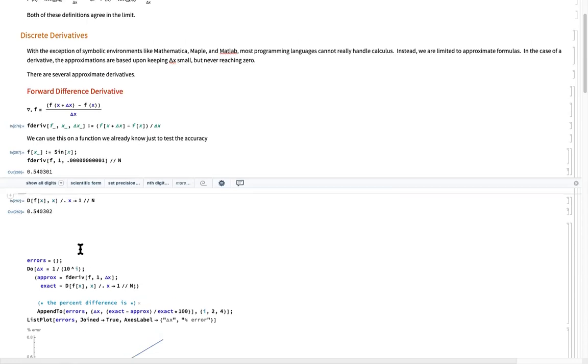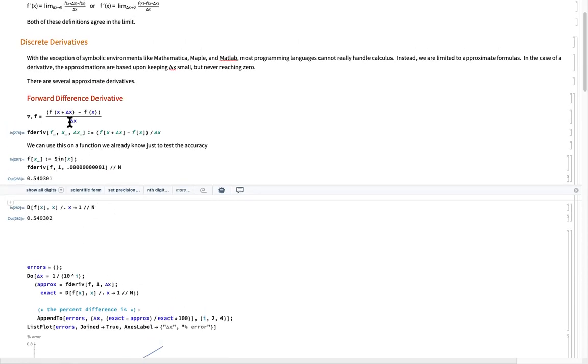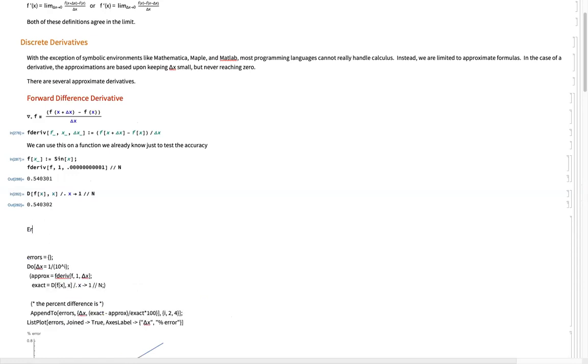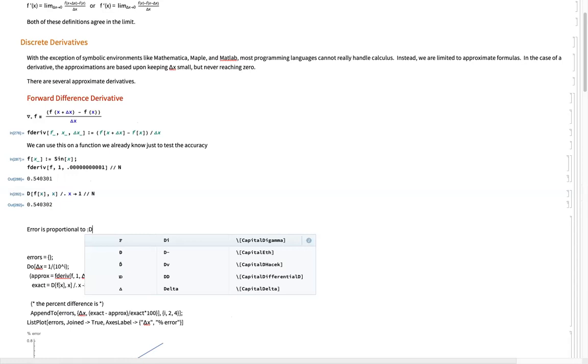Now, talking about errors, it turns out that this forward difference derivative has an error, and the error is proportional to delta x.